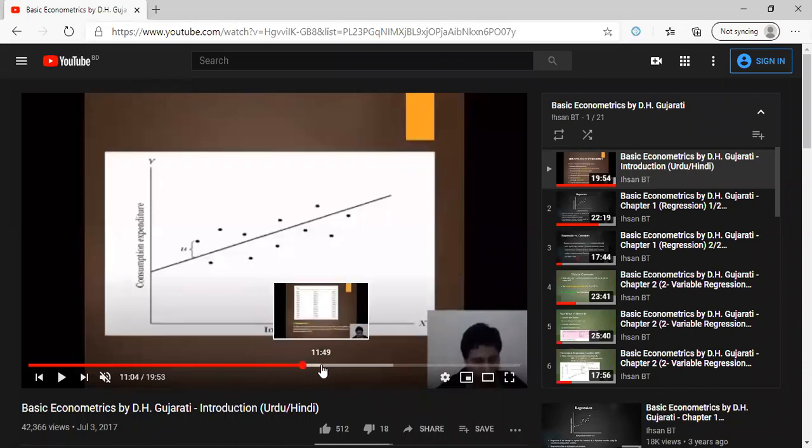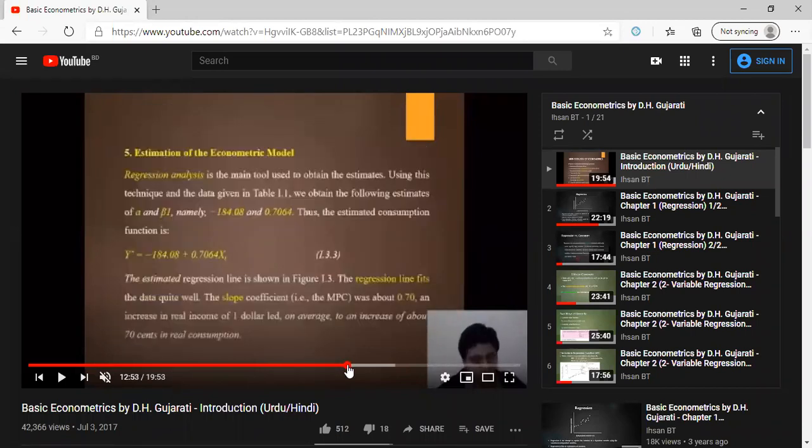But the focus here is estimation. The problem is beta 1 and beta 2 are unknown parameters, like mu and sigma square. So we have to find a way to guess them. But this guess is not a random guess, not a wild guess.